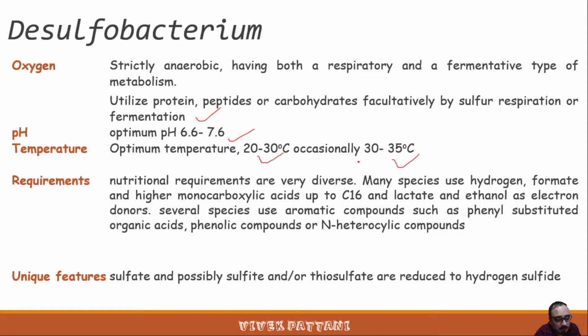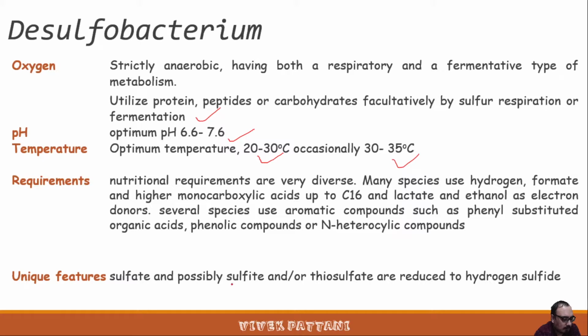Nutrition requirements of Desulfobacterium are very diverse. Many species use hydrogen or formate, higher monocarboxylic acids up to C16, lactate and ethanol as carbon donors. Several species even use aromatic compounds such as phenyl substituted organic acids, phenolic compounds or N-heterocyclic compounds.